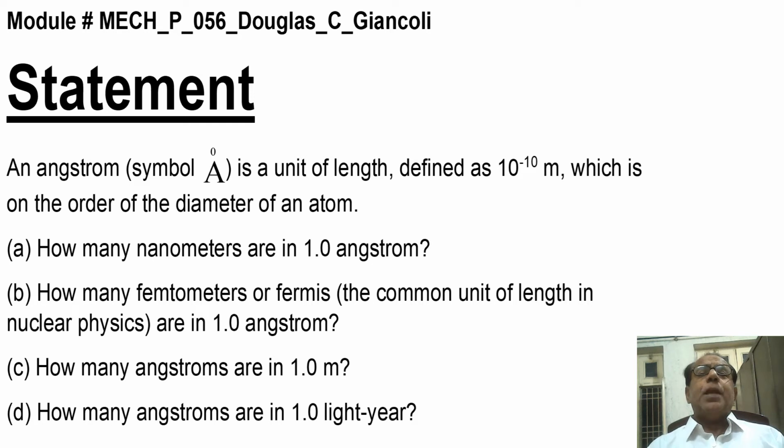Part A, how many nanometers are in 1.0 angstrom? Part B, how many femtometers (Fermis), within bracket, the common unit of length in nuclear physics, are in 1.0 angstrom?